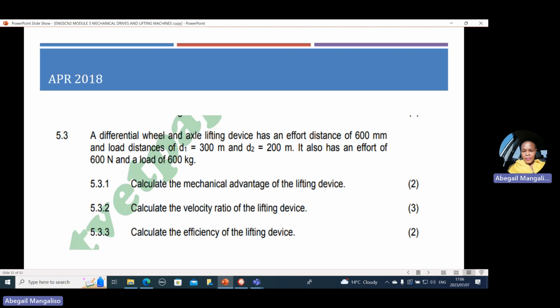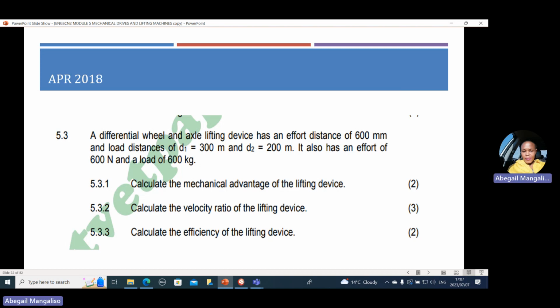Now, since they are all called distances, there is no need for conversion. But if one is given as a distance and the others are given as diameters, you must convert. You work with diameters only or you work with distances only.